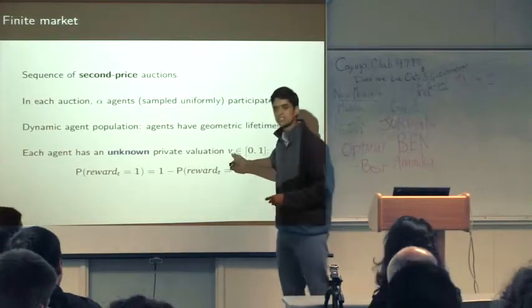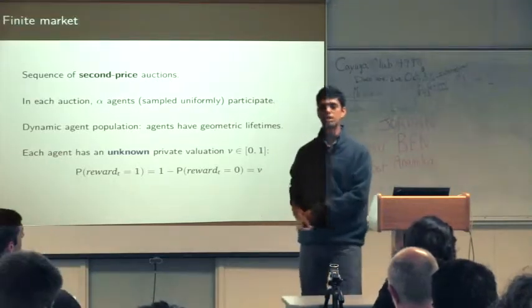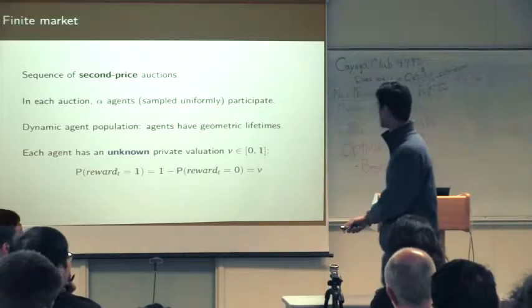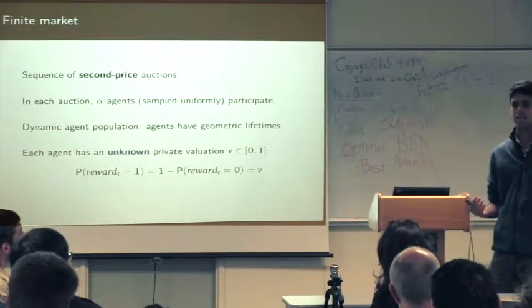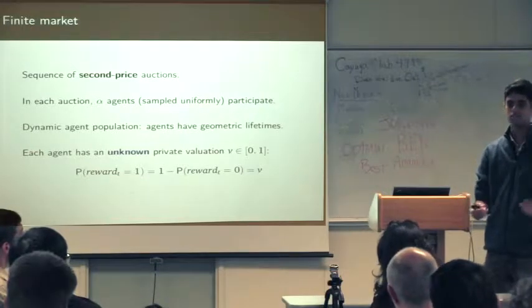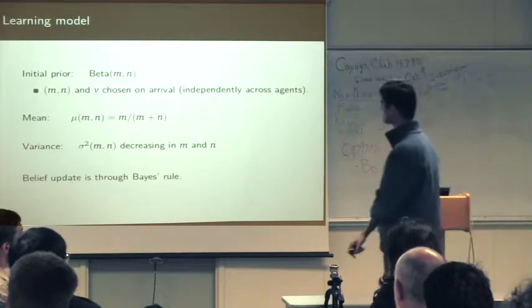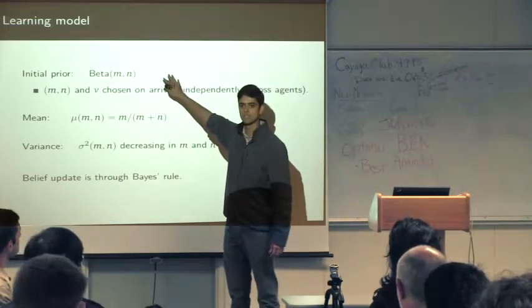As I mentioned, this is the thing that agents are trying to learn over time, and so I need to specify how agents learn, and we assume that agents are Bayesian. In particular, they have priors, then they update them as they see observations. We assume that agents have some initial beta prior.